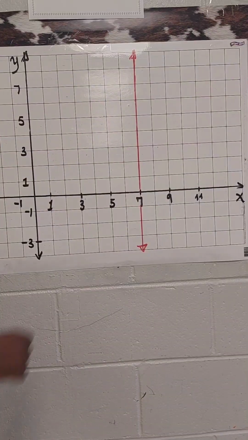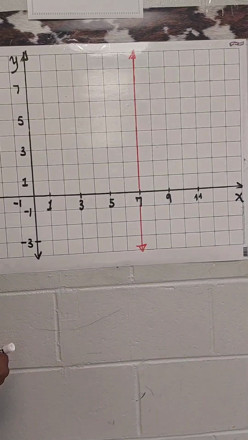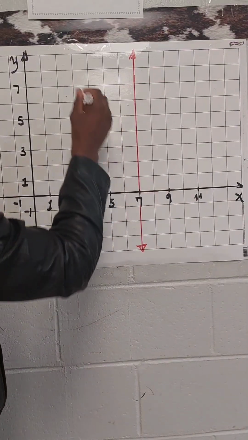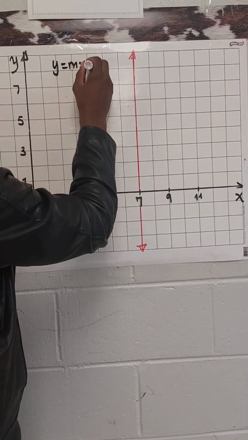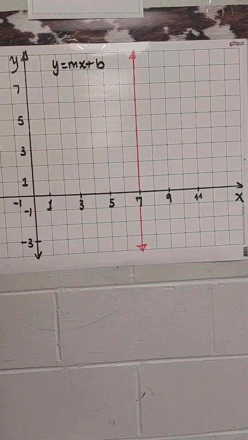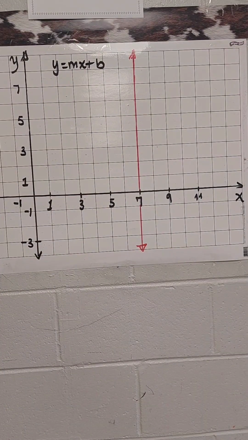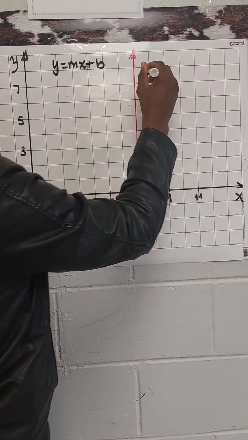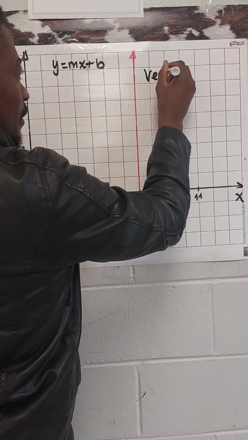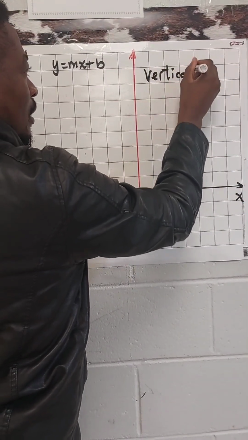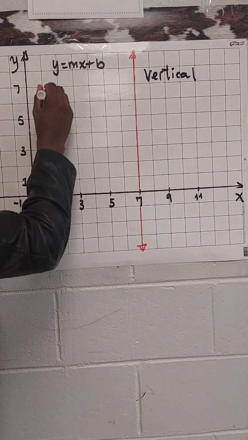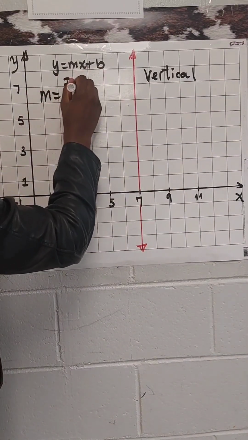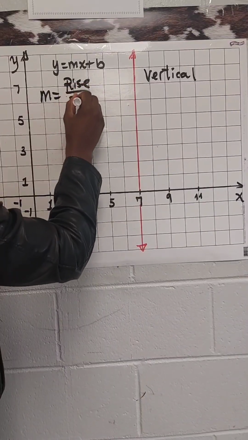So we want to write the equation of this red line in the form y equals mx plus b. This line is vertical. That means if we want to find the slope, slope is rise divided by run.